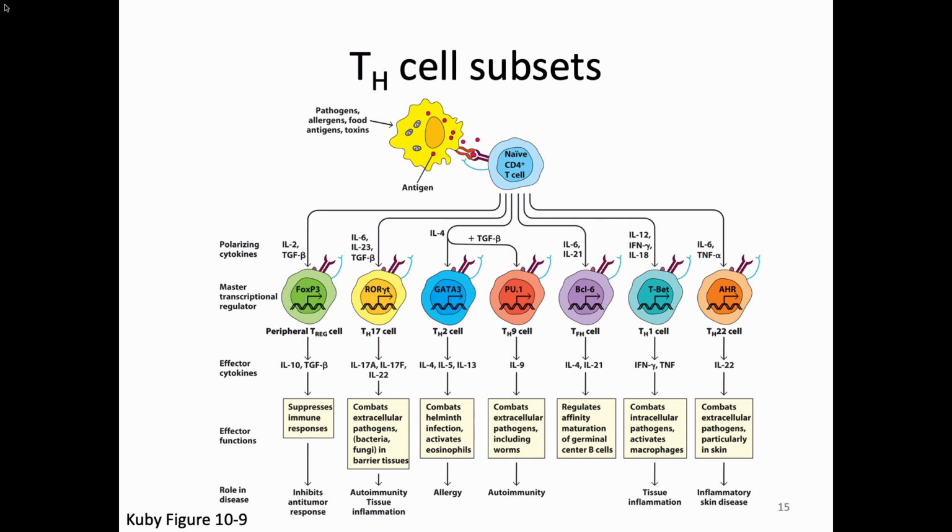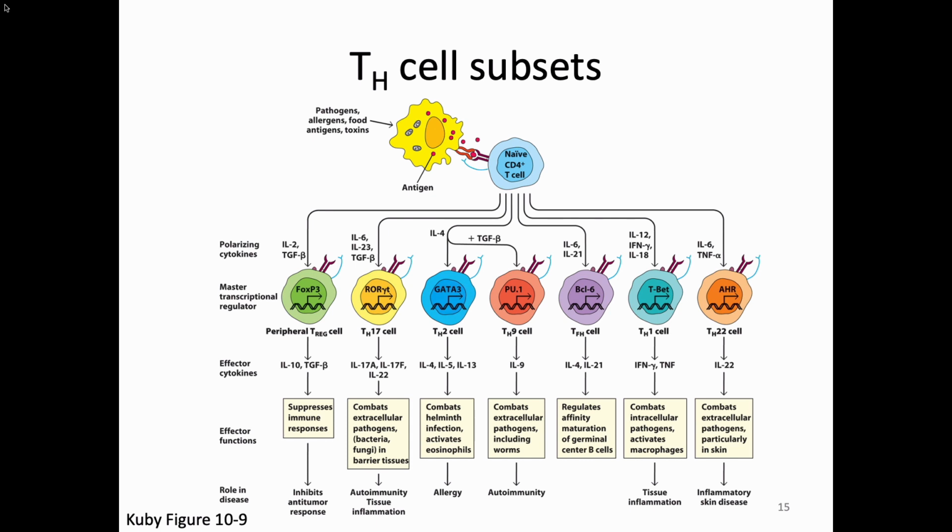Last time we saw Th1 and Th2s, which were the originals that were described. Th1s are differentiated by IL-12. They make TBET, and that allows them to transcribe interferon gamma. So they combat intracellular pathogens by activating macrophages and CD8s. Th2s get IL-4. This tells them to make the transcription factor GATA3.